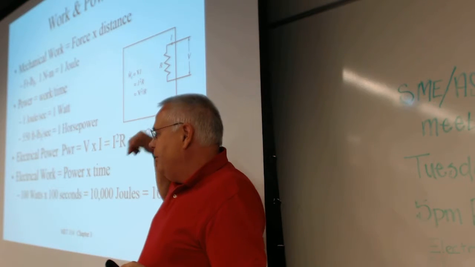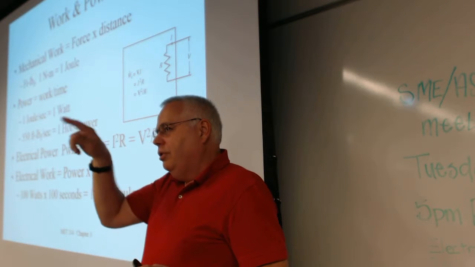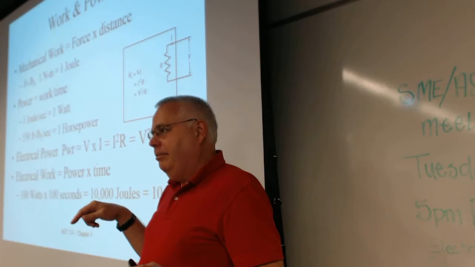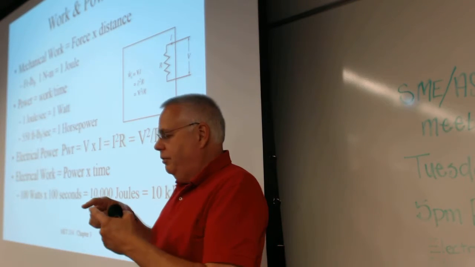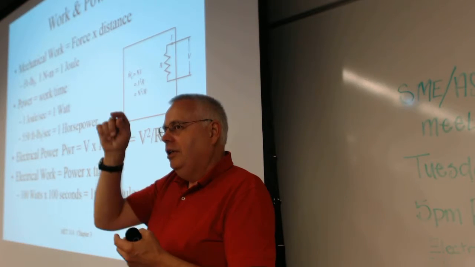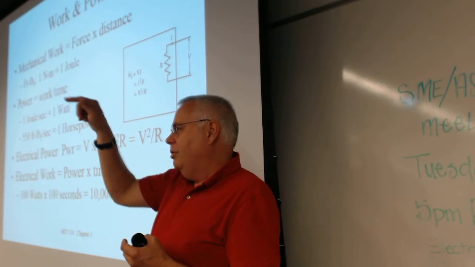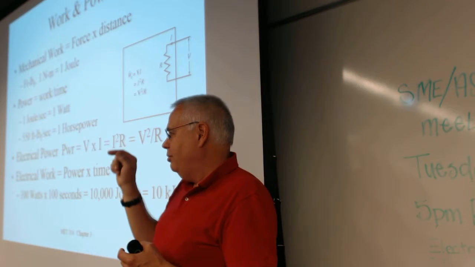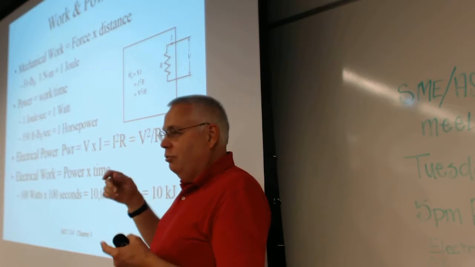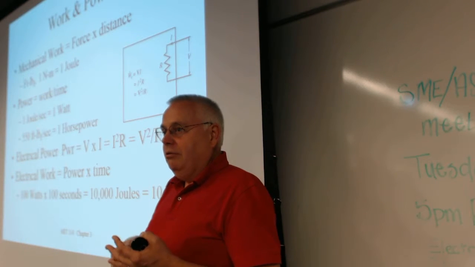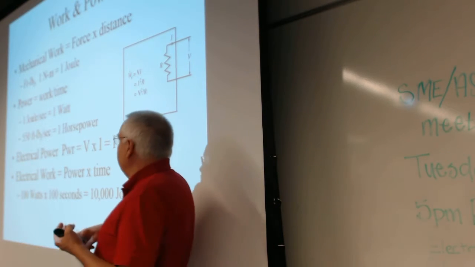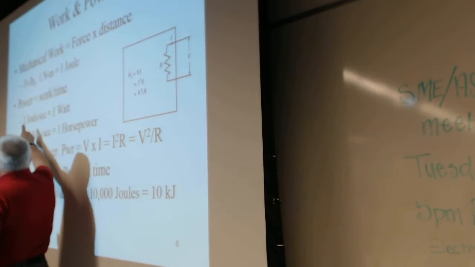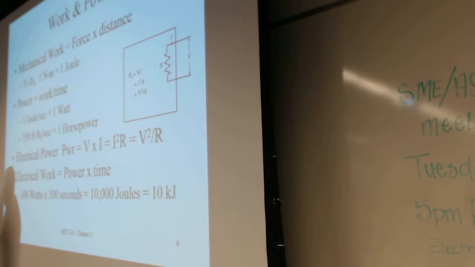If you then let them leak out at the rate of 1 coulomb per second, which would be an ampere, 1 volt times 1 amp gets you joule per coulomb times a coulomb per second, and the coulombs cancel, you get a joule per second, you get a watt. So 1 volt times 1 amp is 1 watt. It's also a newton meter per second, or 1 newton of force times 1 meter per second.